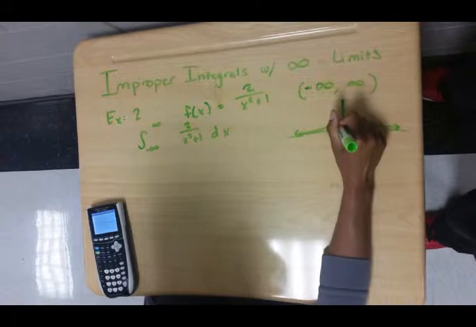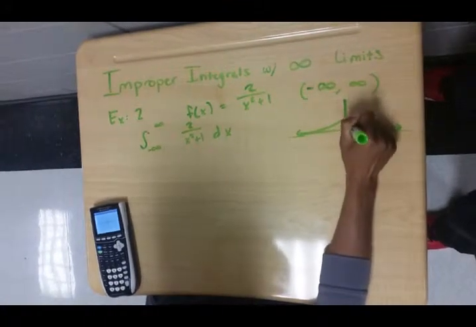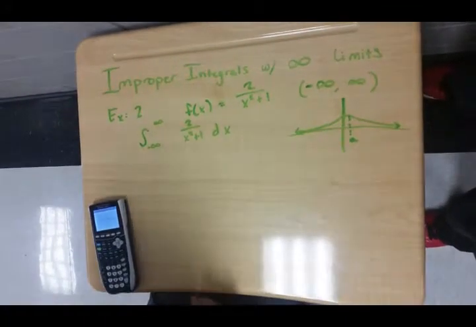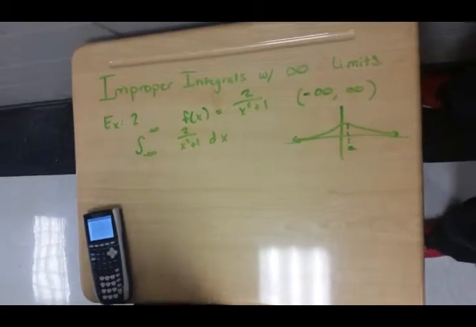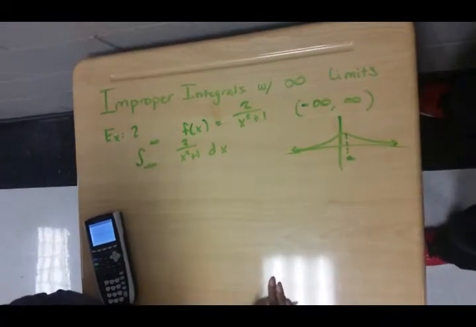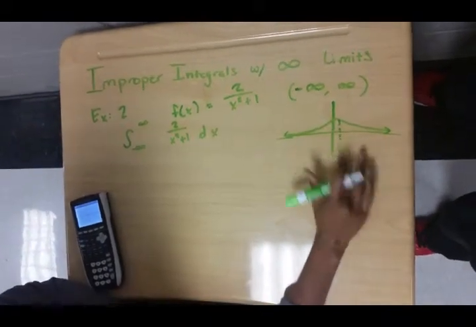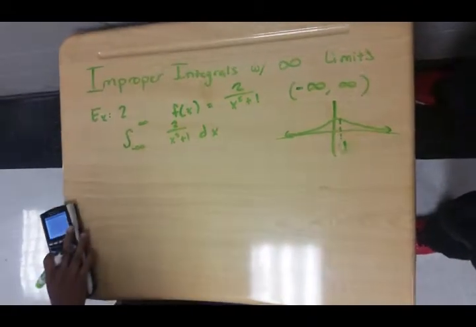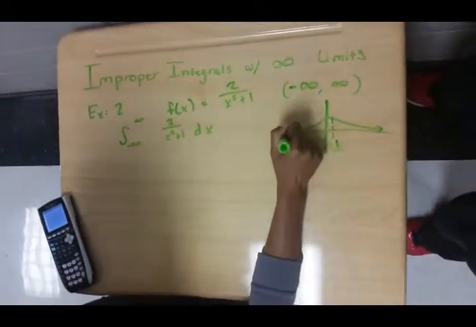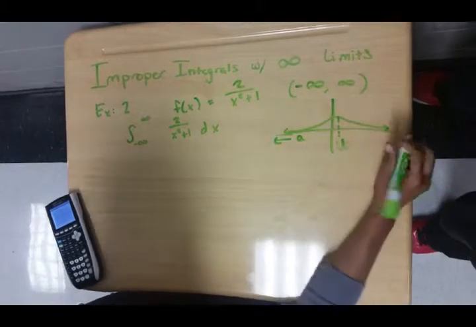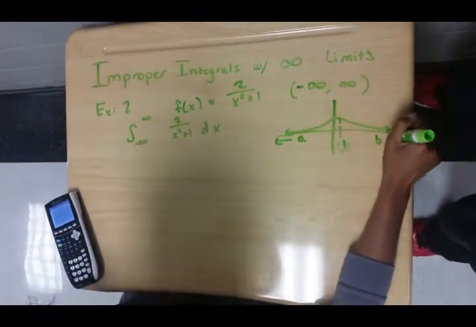Like I said before, we're going to need to set a value to start, so we'll just do a and make that 1. And then we'll make this side a as it goes to negative infinity and this side b as it goes to infinity.